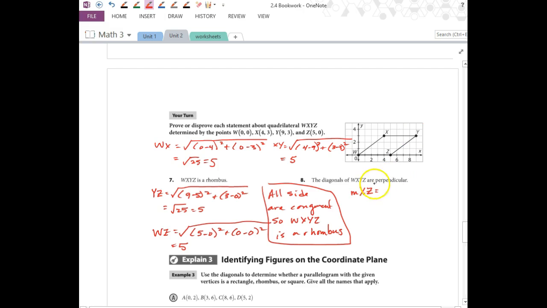Okay. So for XZ, my change in y's would be 3 minus 0 and 4 minus 5, right? So 3 over negative 1, which is negative 3. Did everybody follow that?